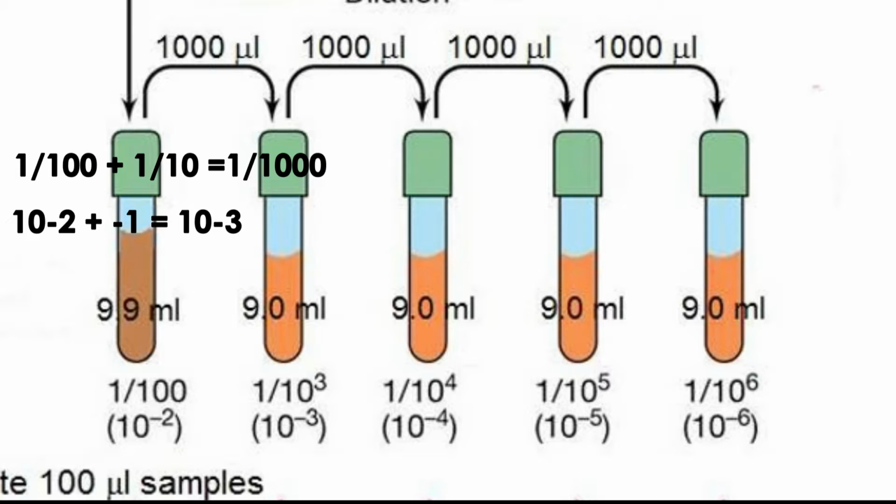So this, though it is by itself a 10 to the minus 1 or a 10th dilution, cumulatively at this point we have a 10 to the minus 3 dilution, right? So in the first tube we have a 1 to 100, in the second tube we have a 1 to 10, and together those give us a 1 to 1,000, which is 10 to the minus 3.